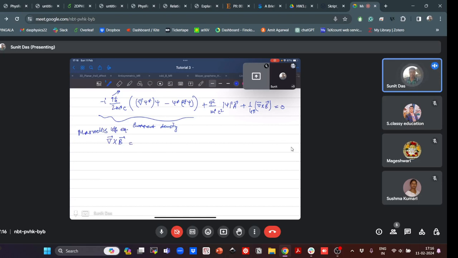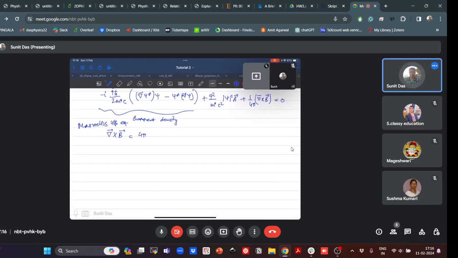okay, so we will use another expression which is curl of B, basically Maxwell's fourth equation, which is curl of B equal to, in the CGS unit, 4 pi by c j, plus there is a del E del t term, where E is the electric field, which is 0 here. We are not considering any displacement field.